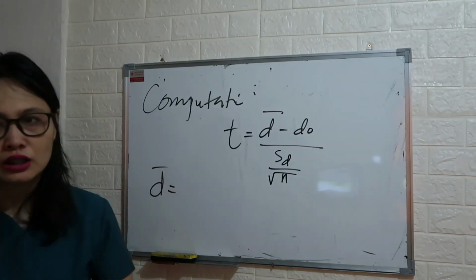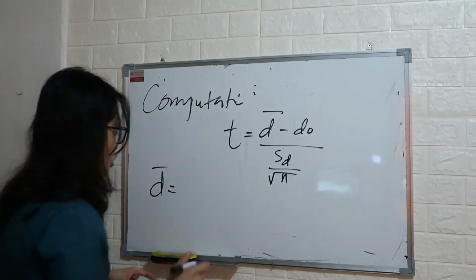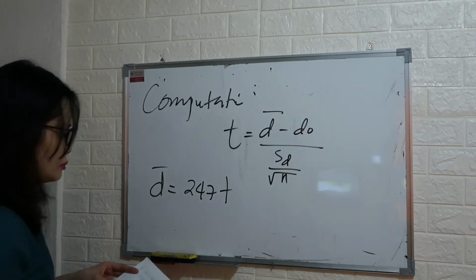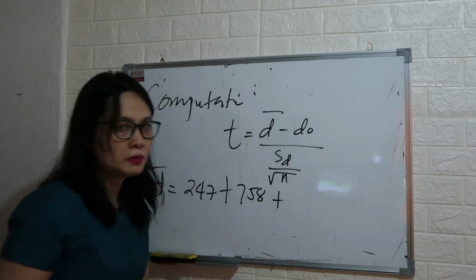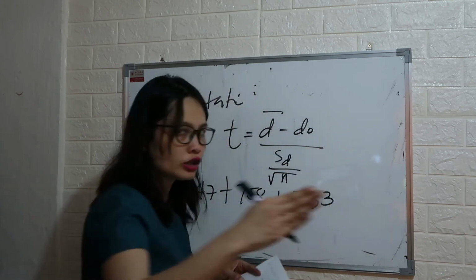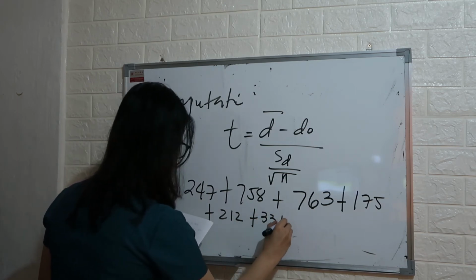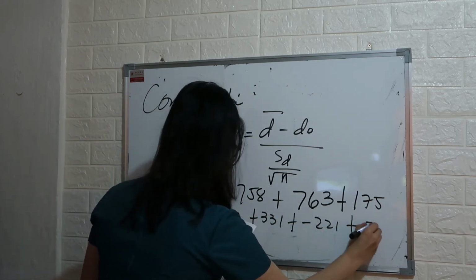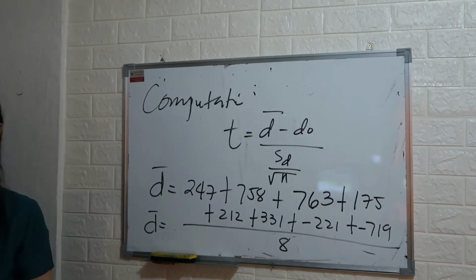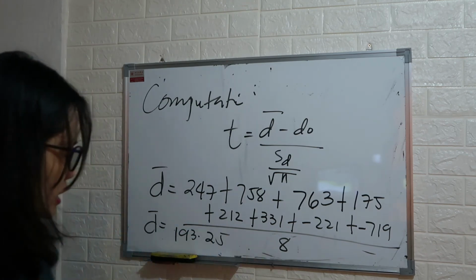You subtract each: 1,905 minus 1,658, the answer is 247, plus 2,237 minus 1,479, that will become 758, plus 1,863 minus 1,100, so you do have 763. And then so on and so forth. So we have plus 175 plus 212 plus 331 plus negative 221 plus negative 719 all over n, which is 8. So your mean difference is 193.25.